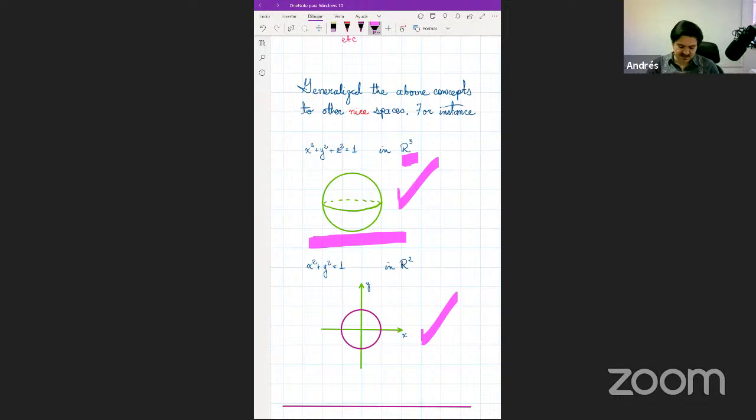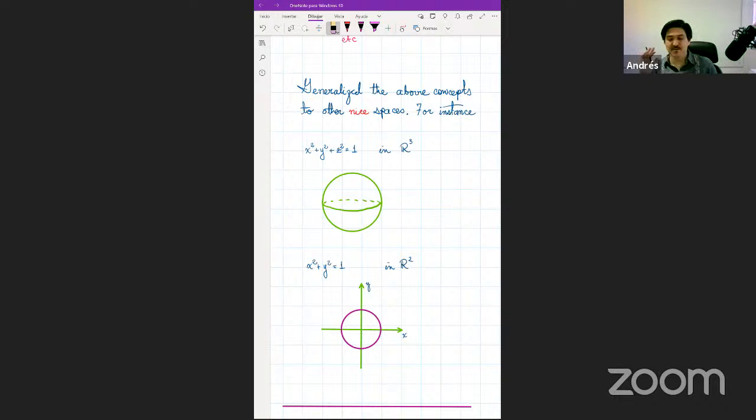The same with R2, which is a topological space with the standard topology, the balls of radius epsilon, and then inside of R2, you have the circle. In that sense, the circle is also a topological space. It has the induced topology of R2. Is that clear?